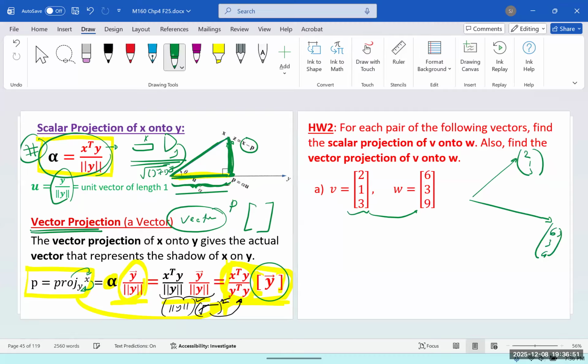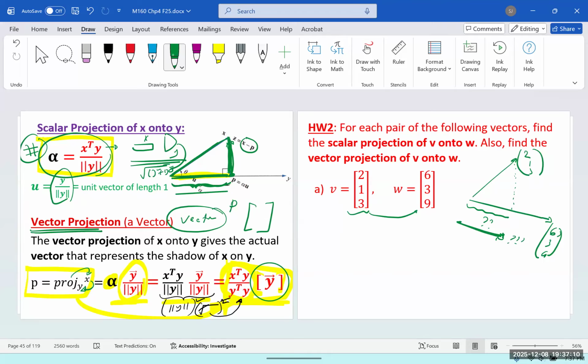So you want to know when you project one vector onto another vector, how much it takes and what is the actual vector. This is what you want to find.